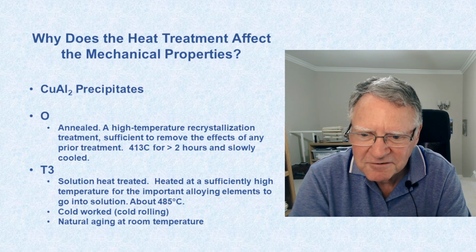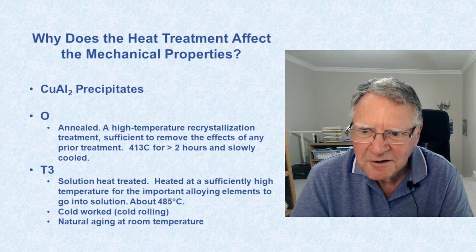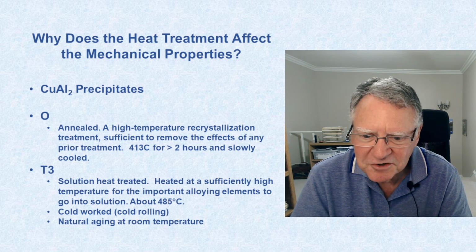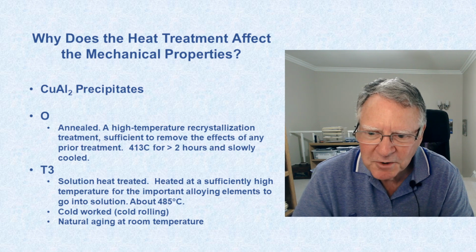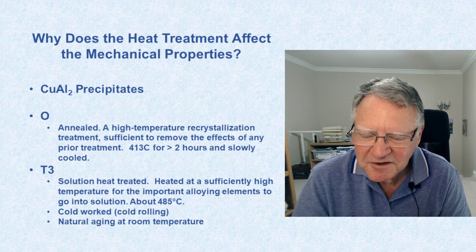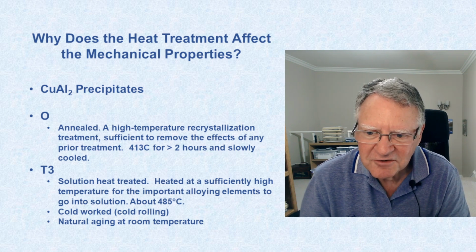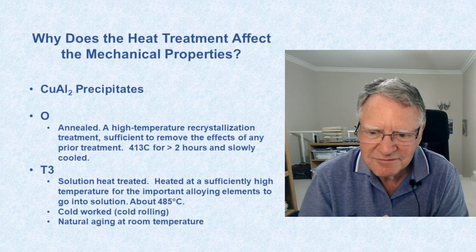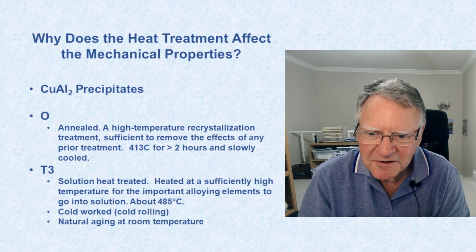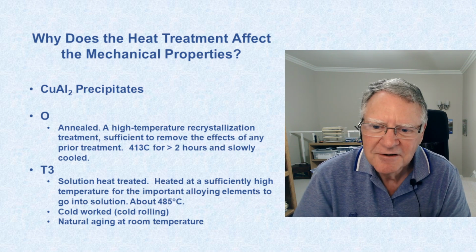If they get bigger, when the slip line comes up to one, the big aluminide precipitate can block it from propagating. But there are much fewer of these larger precipitates, so there's a good chance that the slip dislocation will not hit any of them, it'll just miss them. Or if it comes close to one, it'll just go around it.